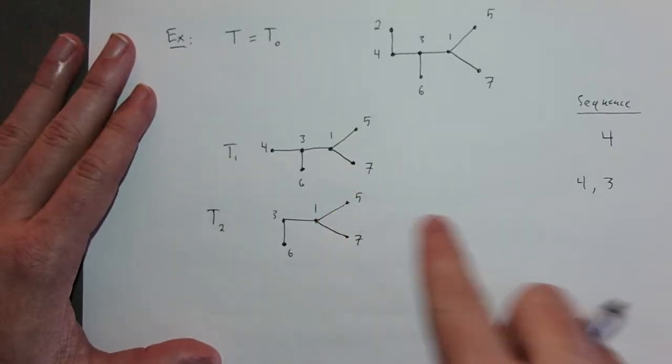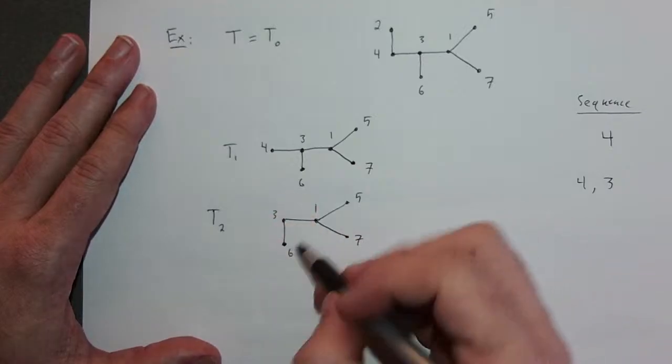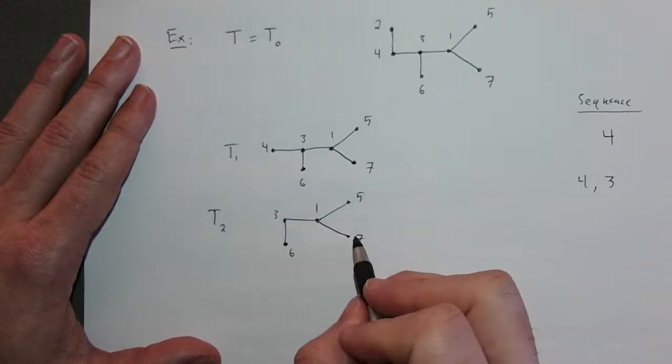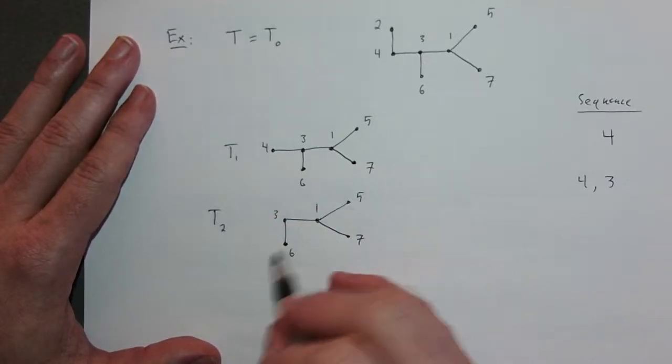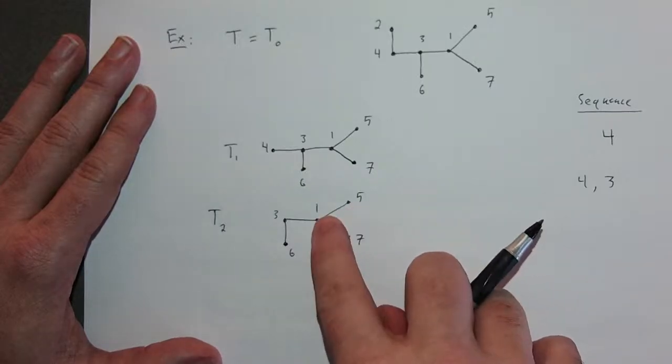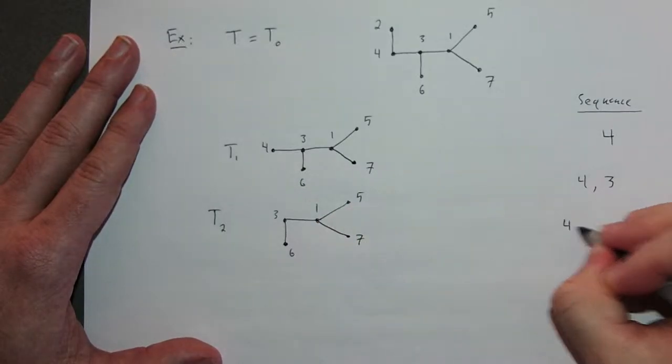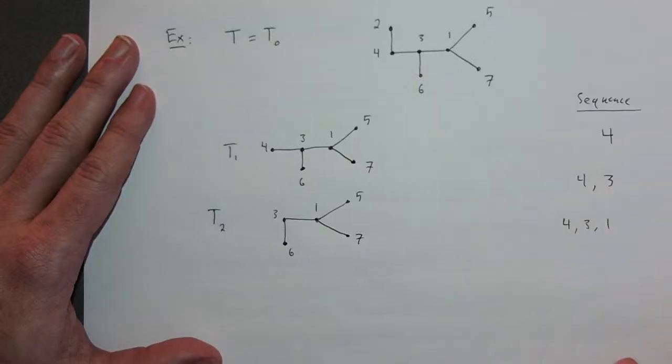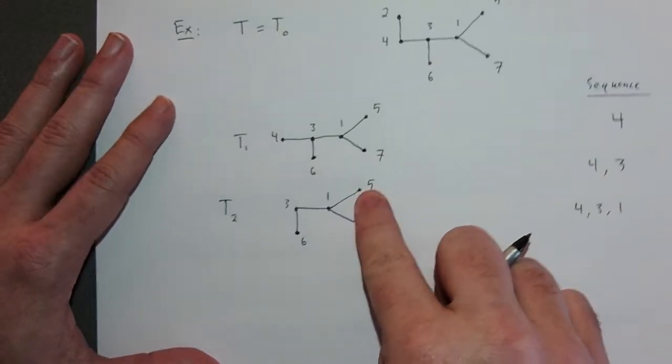Next, do the same thing. The leaves now are 5, 6, and 7, the only leaves. The smallest labeled one is 5. Its only neighbor is 1, so that gets recorded. Vertex 5 gets removed.